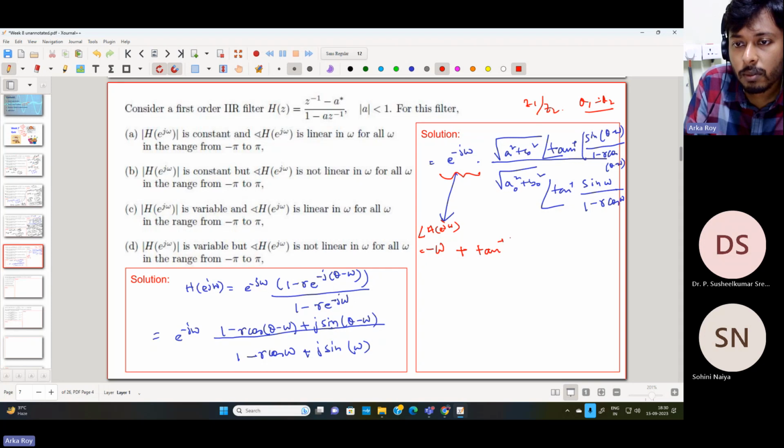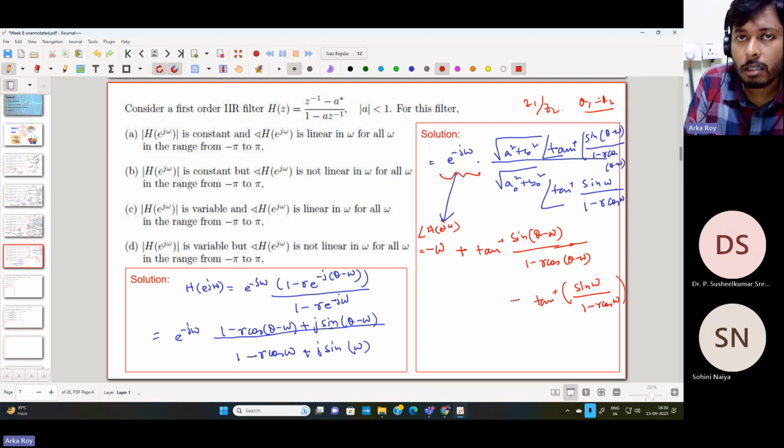So tan inverse of sine theta minus omega divided by 1 minus r cos theta minus omega, and then again there will be a minus sign, which will comprise tan inverse of sine omega divided by 1 minus r cos omega. So in this relation, we can see that there is a minus omega component, and there are some additive components and some other subtractive components.